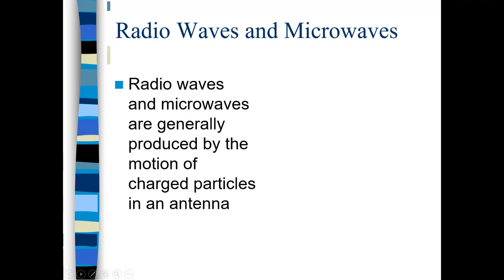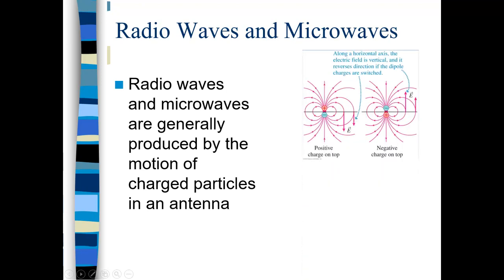And radio waves and microwaves are produced generally by the motion of charged particles on the antenna. So when you have a positive charge on top and a negative charge on the bottom, that creates an electric field. And then the polarity changes, negative charge on top and a positive charge on the bottom.